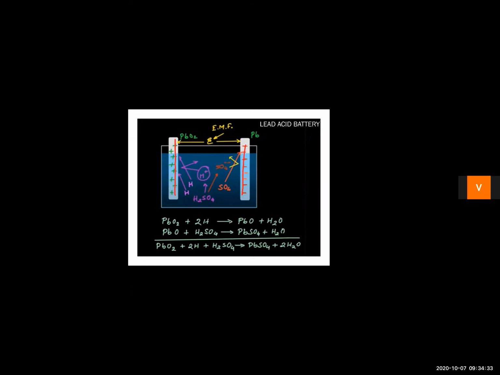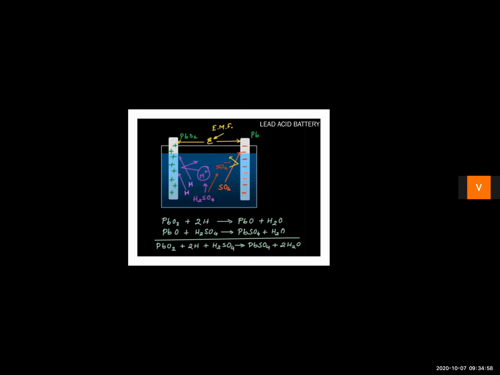Right, children? The first plate is made up of lead dioxide, that is PbO2, and the second plate of the lead acid battery is made up of lead. Now, inside this, the solution that is used as electrolyte is your aqueous sulfuric acid, that is H2SO4.